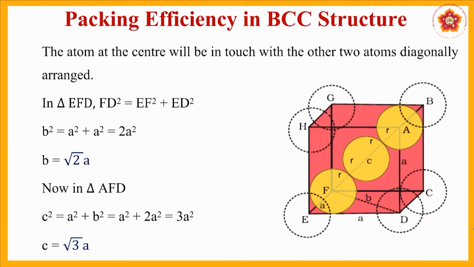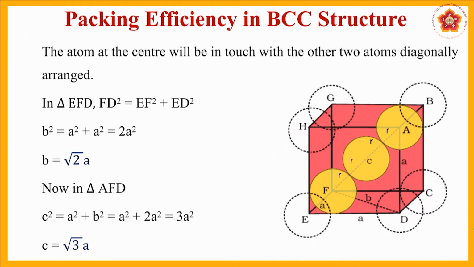FD square equal to EF square plus ED square. The diagonal FD is the B here. So B square equal to A square plus A square, that is 2A square. So B equal to root 2 into A.